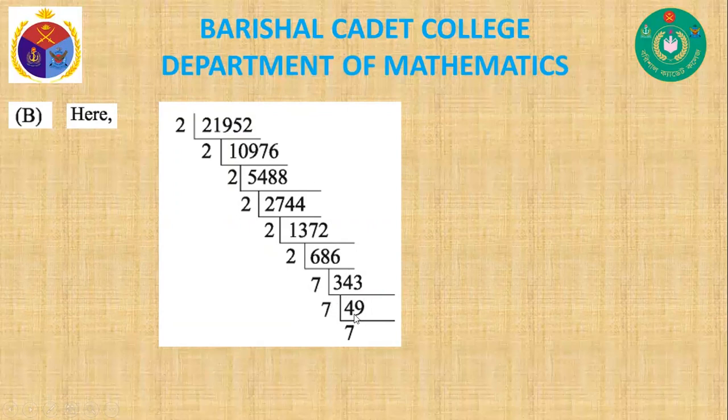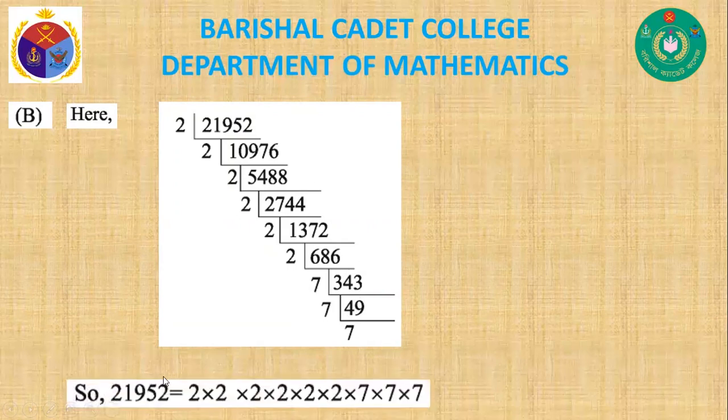Again, by 7, I have got the result 49. And you know, 7 into 7 is 49. So you can easily write 21952 equals 2 into 2 into 2 into 2 into 2 into 2 into 7 into 7 into 7.